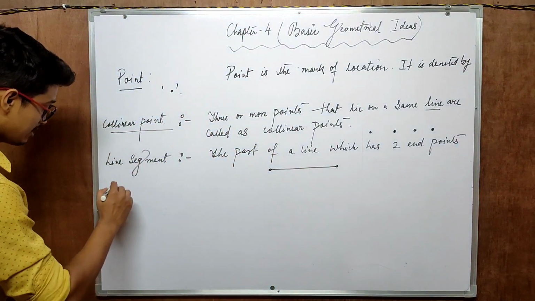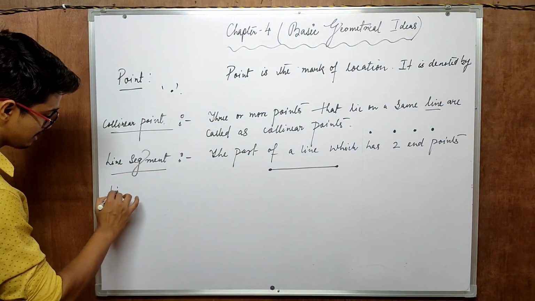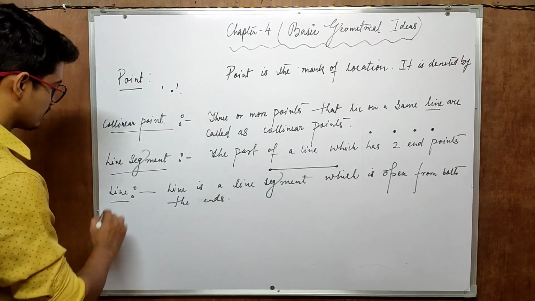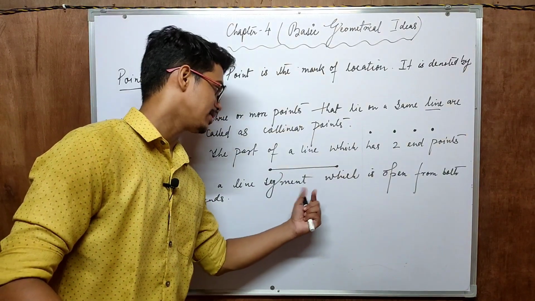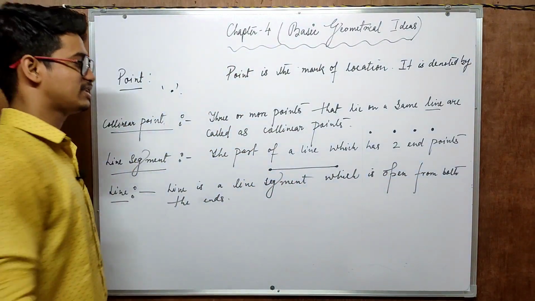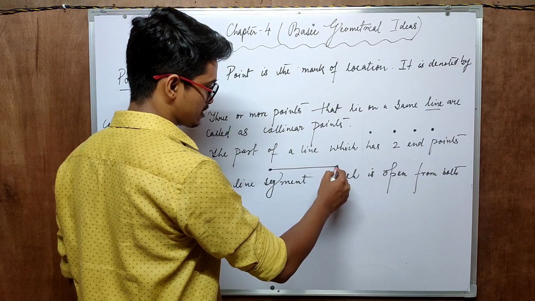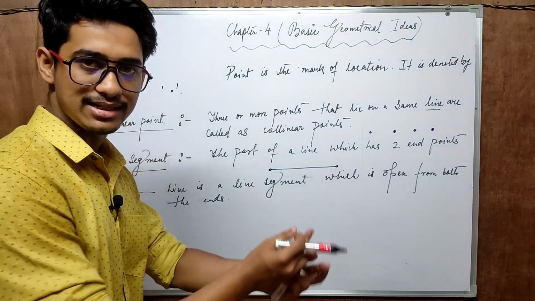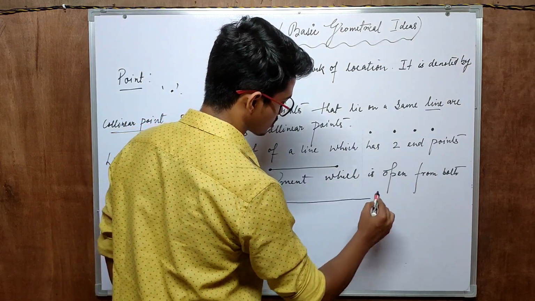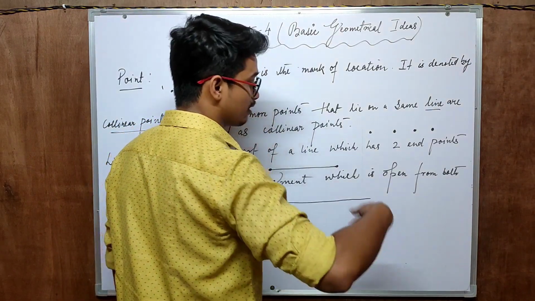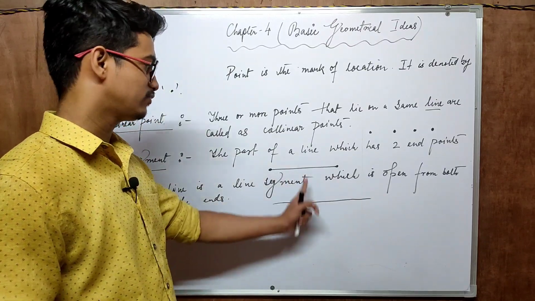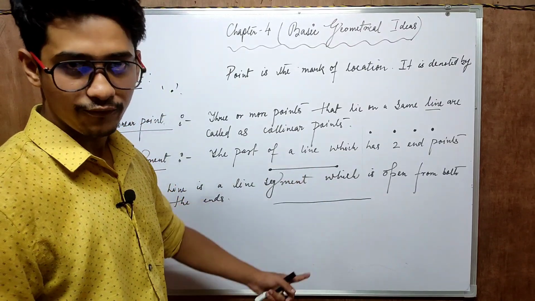So what will the next concept be? What does line mean? A line is also a line segment which is open from both the ends. Open means it keeps going; it is not stopping. So how will I show the distinction between these two figures?